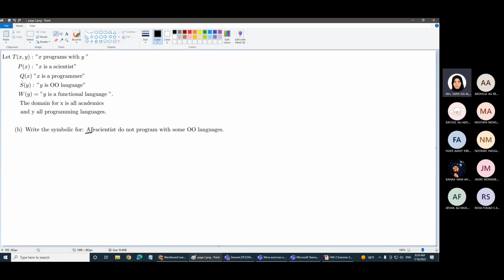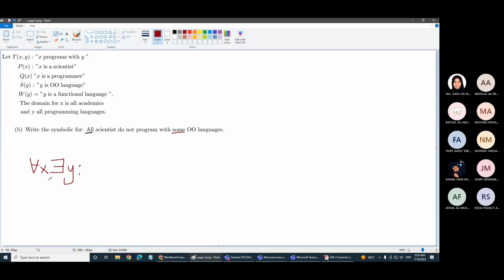First, I have to underline the quantifiers. This is the first step. All, some. So I will put for all x, there exists y. You can use any other variables, but the order of these variables is very important when you are substituting.